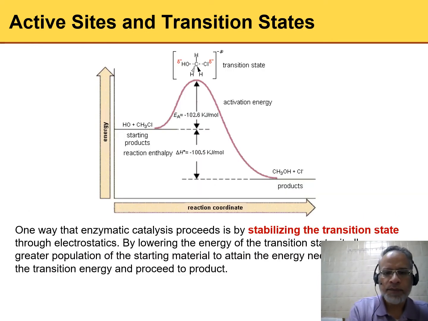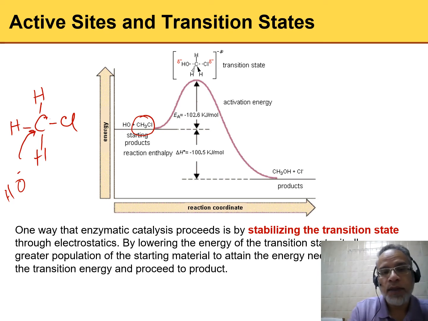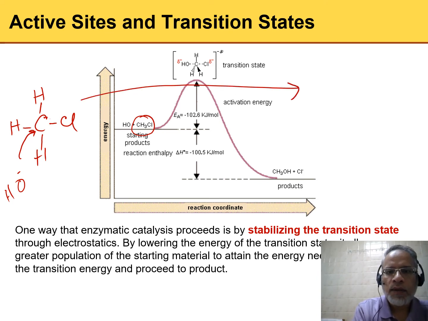So if you have, for example, a substrate which is chloromethane, this guy here, and OH is going to attack it. This is the SN1, SN2 reaction, right? What's going to happen is you lose the chloride, and you get OH added here, right?